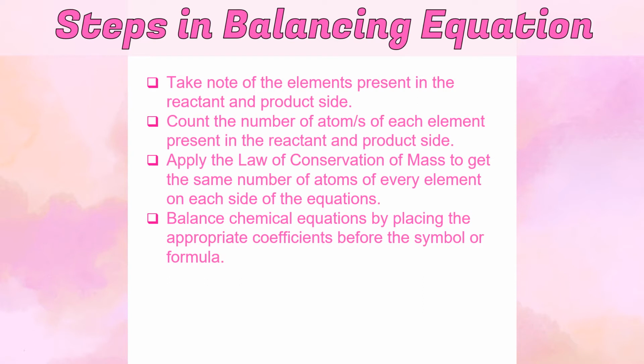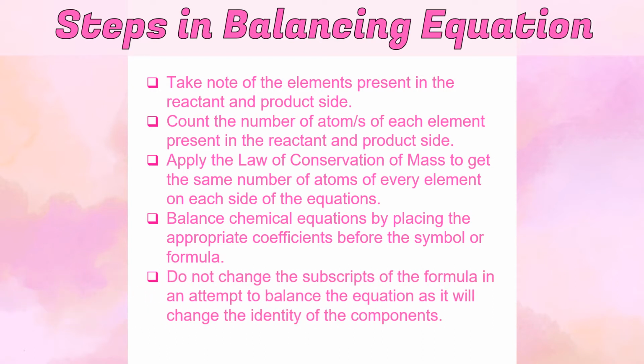Balance the chemical equation by placing the appropriate coefficient before the symbol or formula. And last, do not change the subscript or the number of atoms of the formula in an attempt to balance the equation, as it will change the identity of the compound.